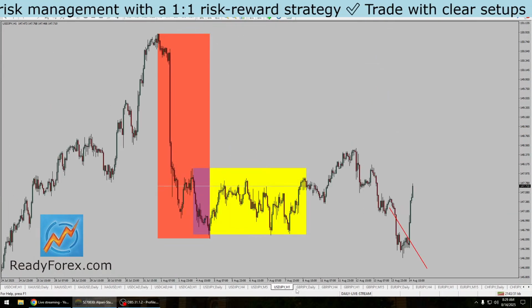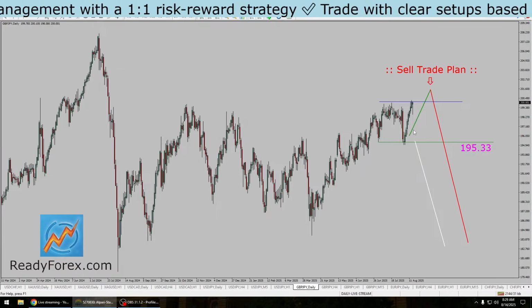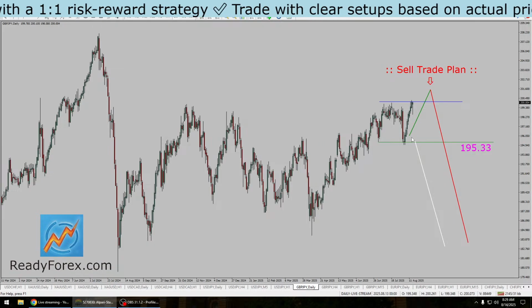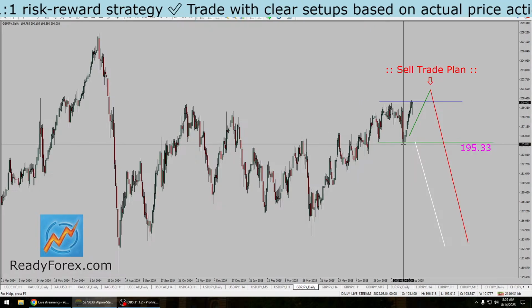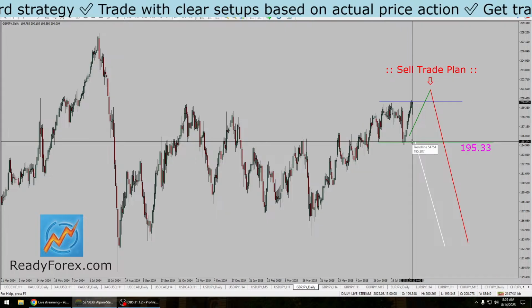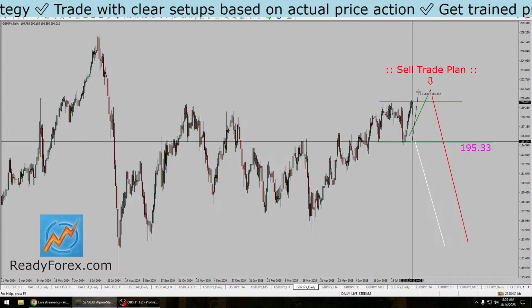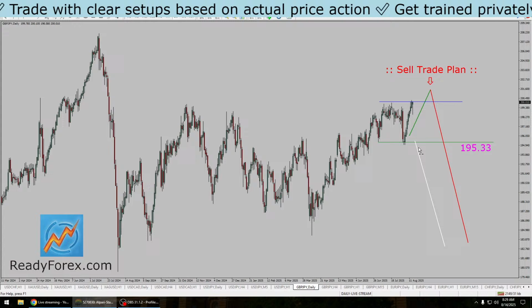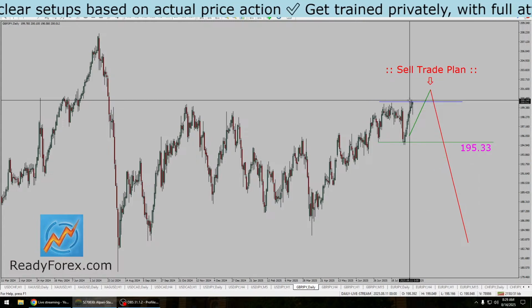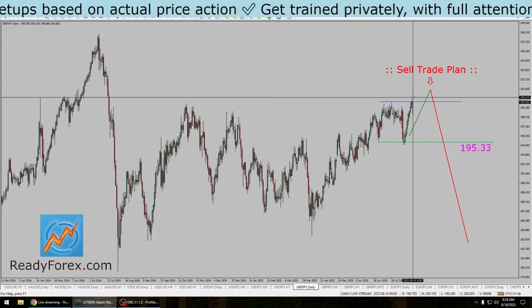Okay, next one is the GBPJPY. GBPJPY sell trade plan is there, and the buy setup worked really quite well over here at 195.33. That's the level which really pushed the market to the upside. So the way I see it, the market is most likely going to rise up more.